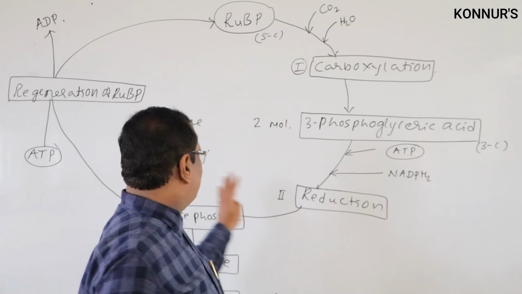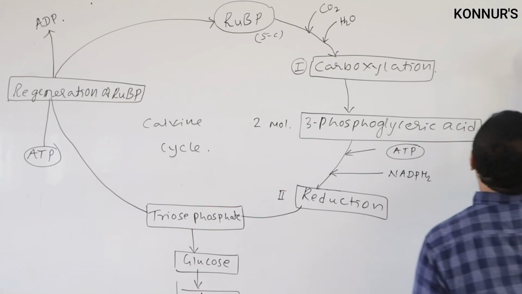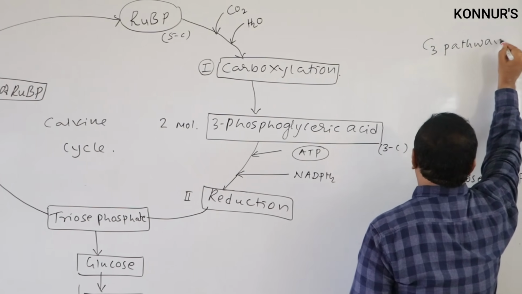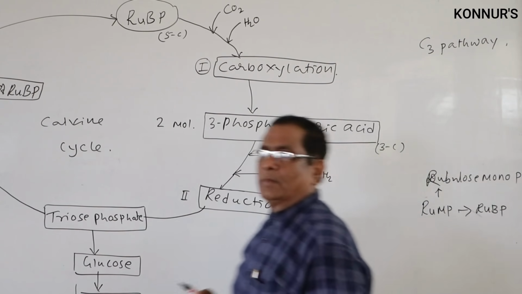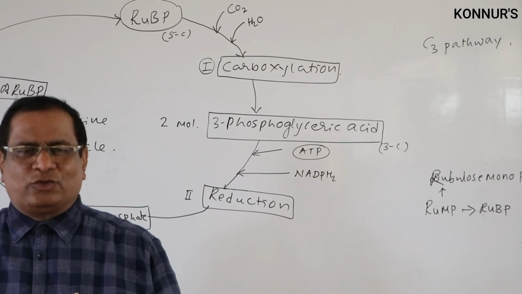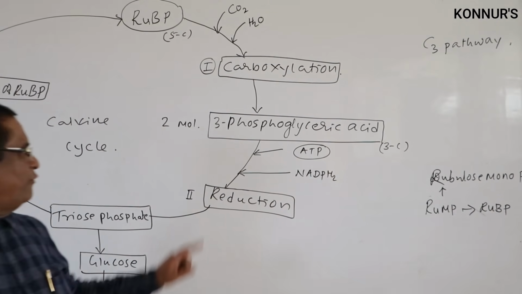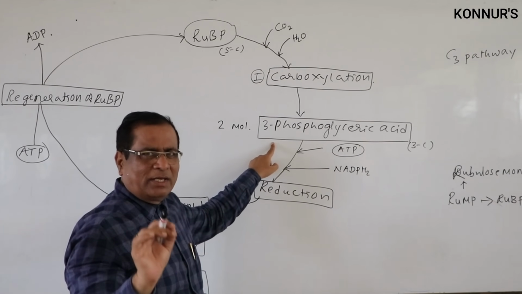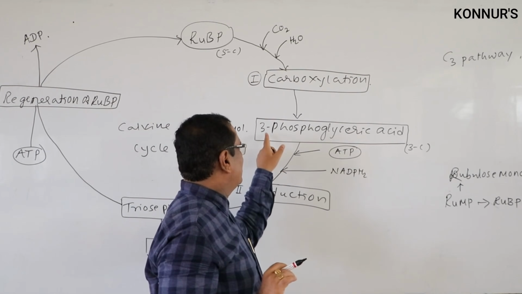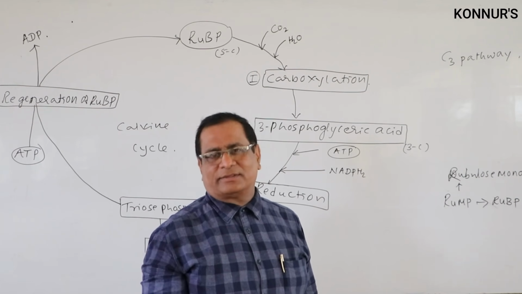Hence, this Calvin cycle is said to be the C3 pathway, because the first formed stable compound in the Calvin cycle is 3-phosphoglyceric acid, which has 3 carbons.